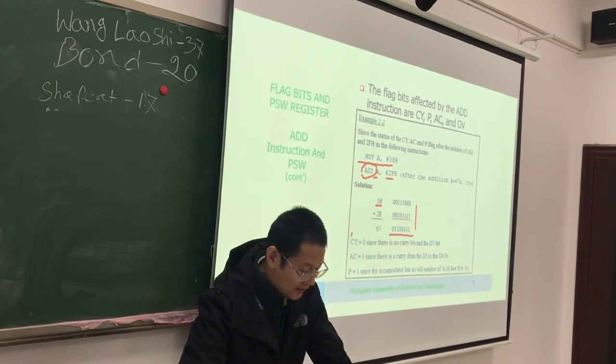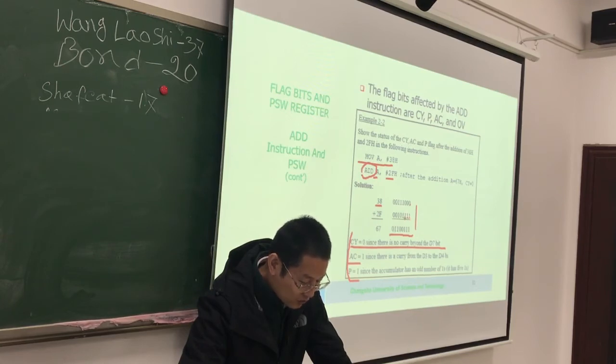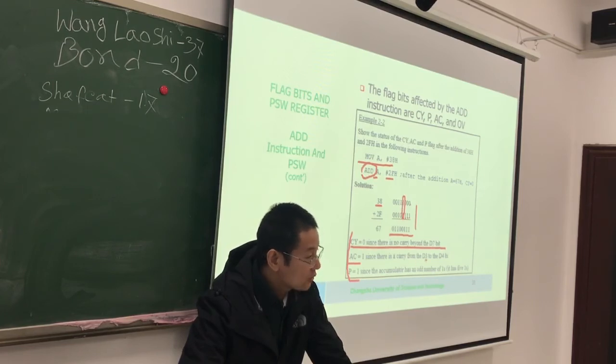We can see the flags. CY: since there is no carry beyond D7, there is no overflow, so CY is 0. AC: there is a carry from D3 to D4, since 1 plus 1 at bit 3 produces a carry, so AC is set to 1.